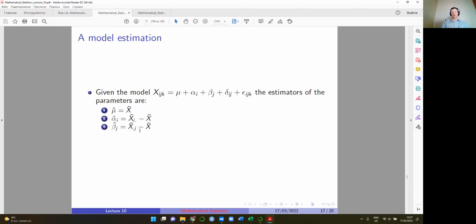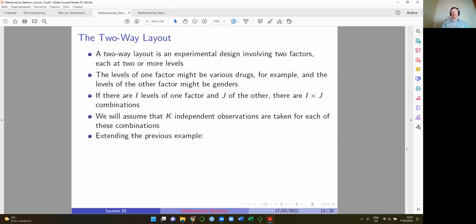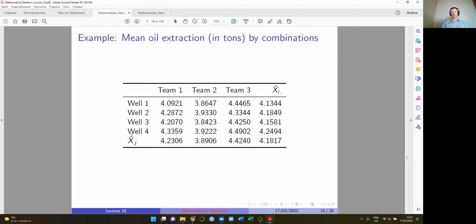Beta j hat is the j-th average minus x bar. So the interaction term is calculated in this way. So this is the average ij, x bar ij, which is taken from this table.